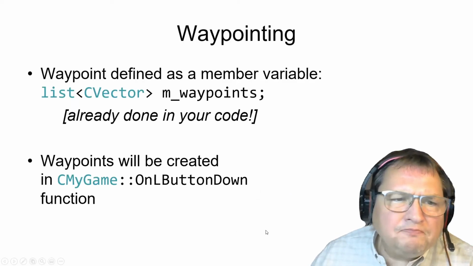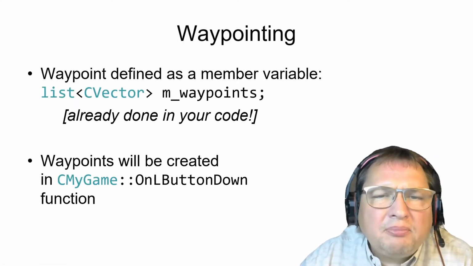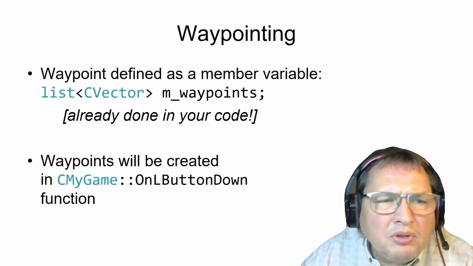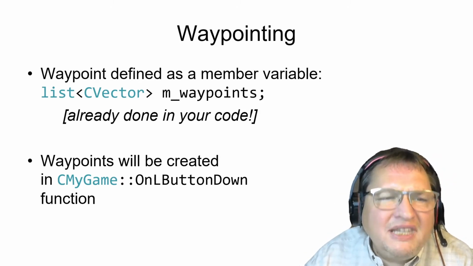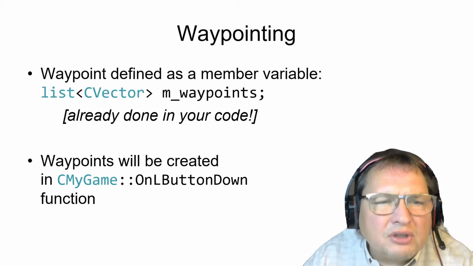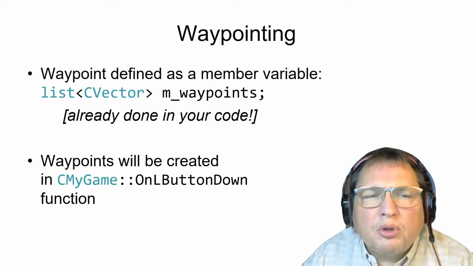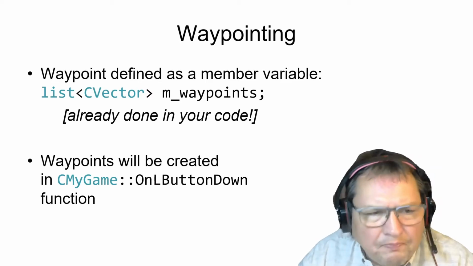In our program, the waypoints are defined as a member variable waypoints, or m_waypoints, which is an STL list of the CVector values. You don't have to add this variable to your code because it's already there.